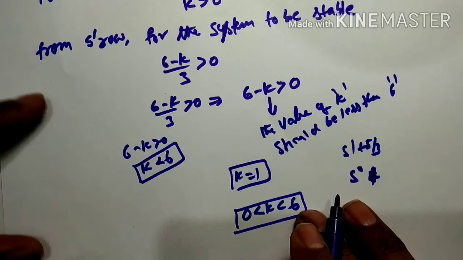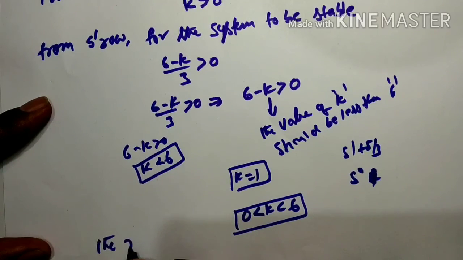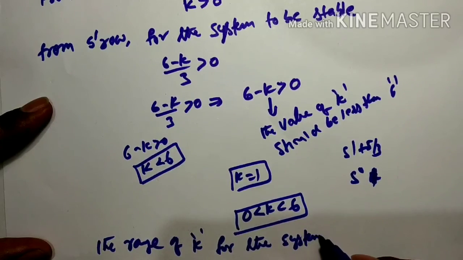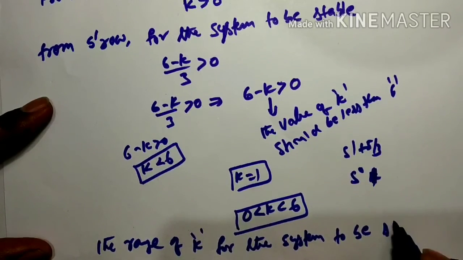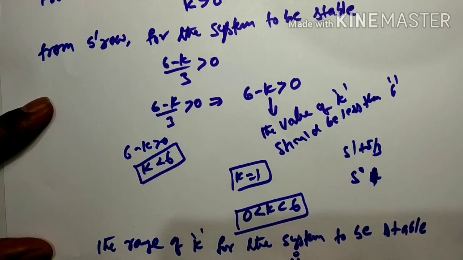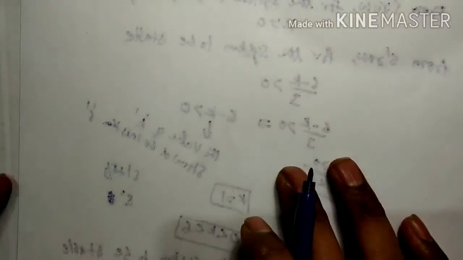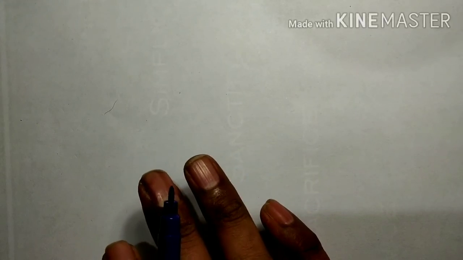So I am writing here the range of k for the system to be stable. This is the range. Okay, I am going to write the result here.